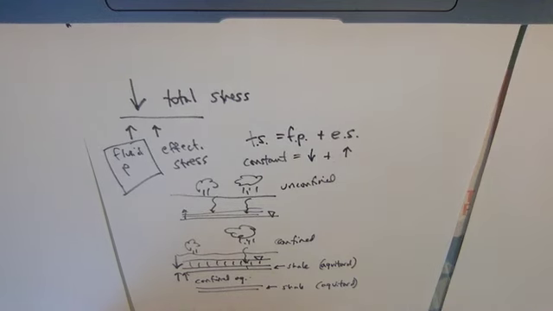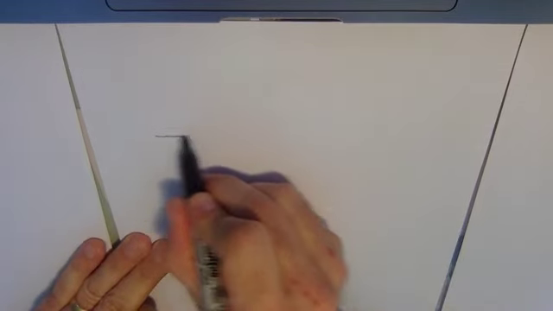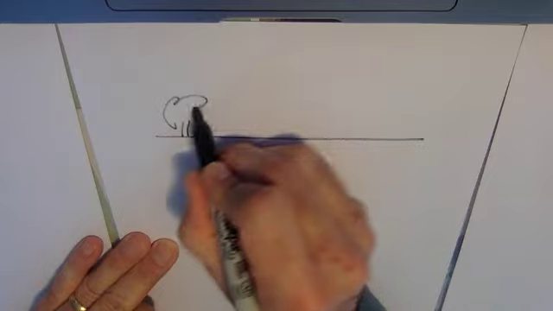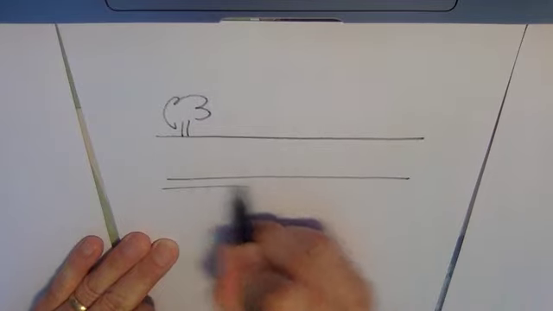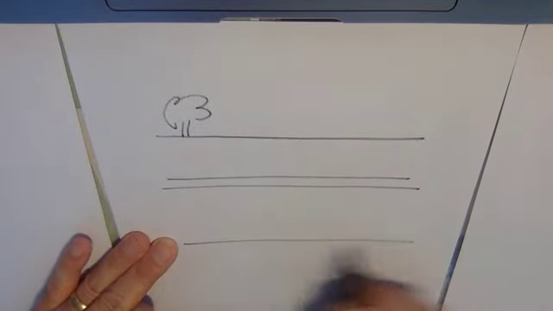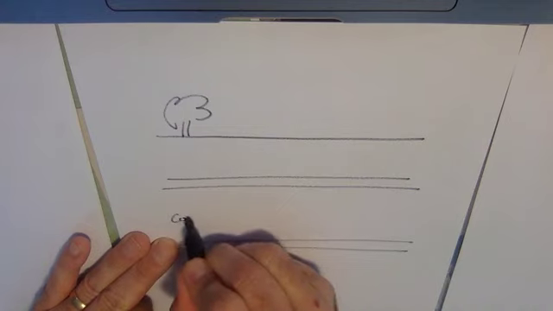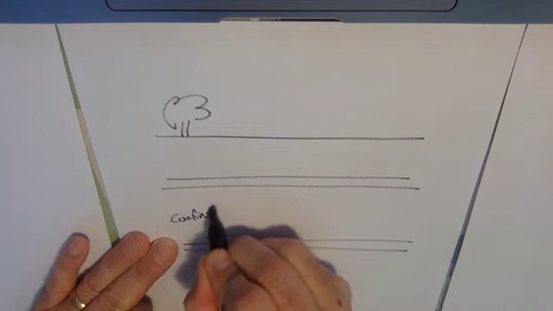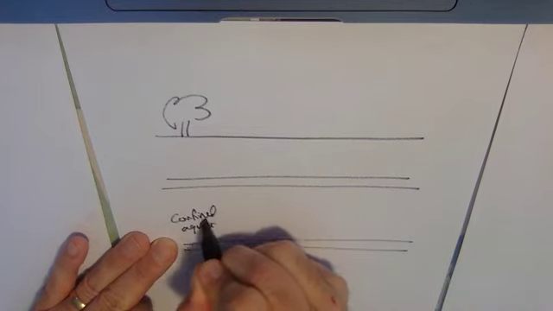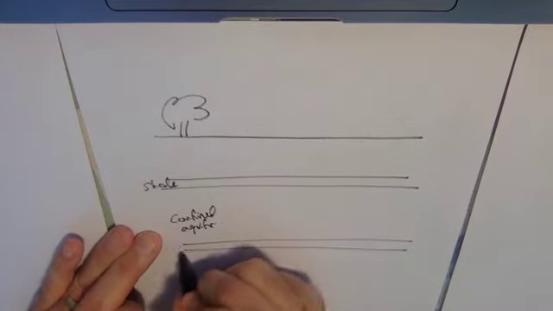So what happens if, let me draw this, start over here and make a bigger map. What happens if we have a confined aquifer here in between two shales?